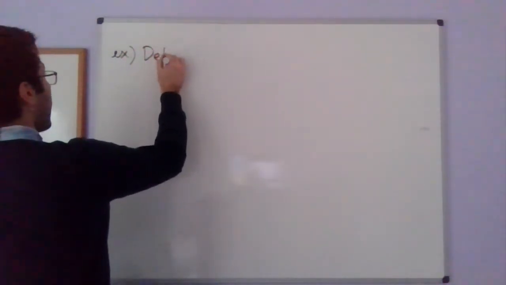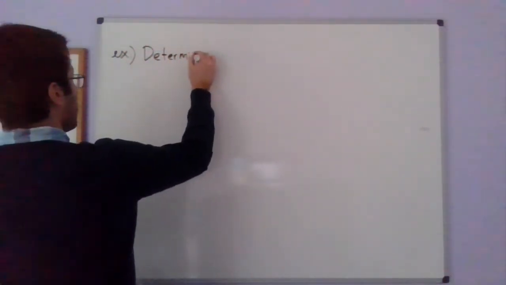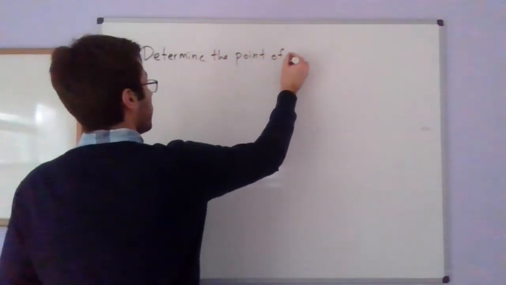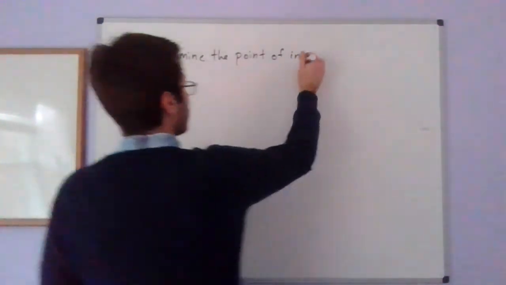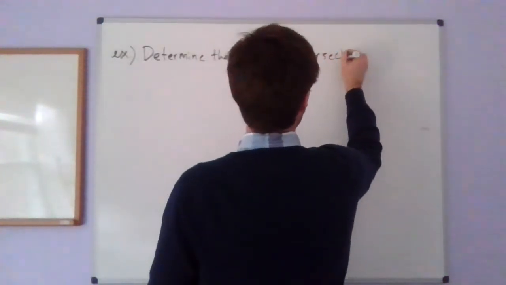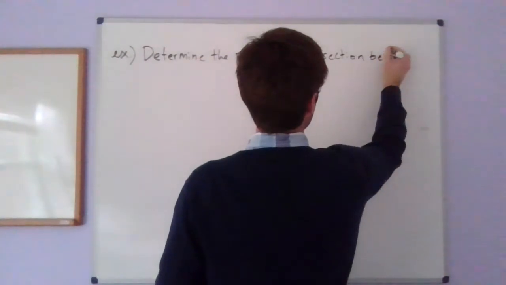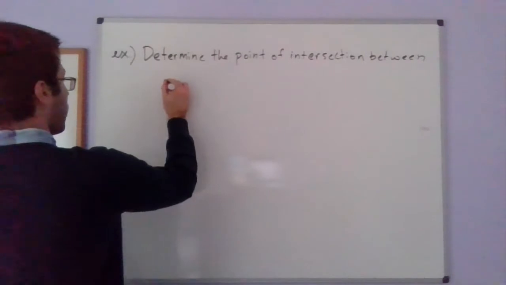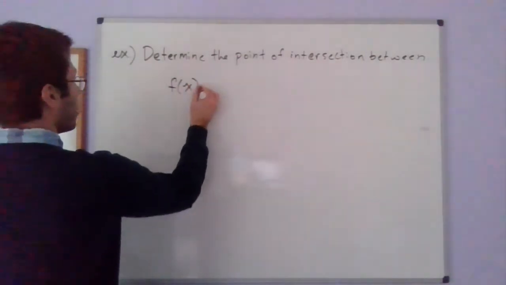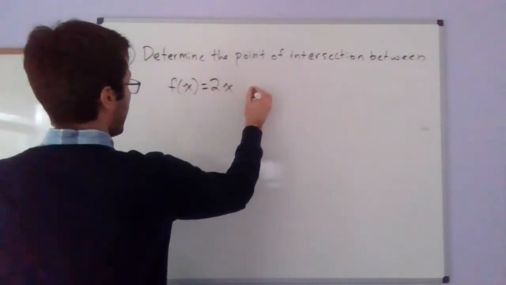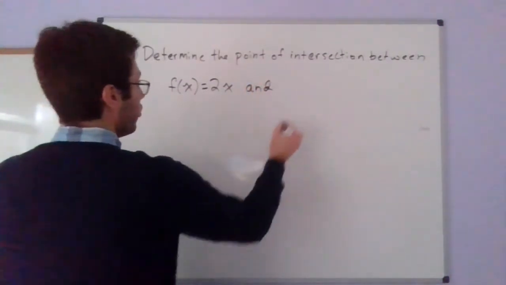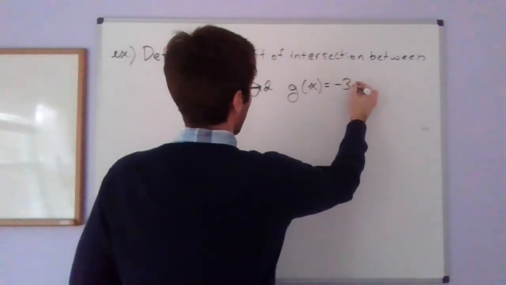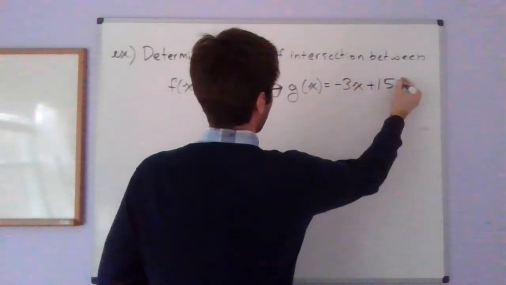Let's say that we were asked to determine the point of intersection between, and let's just keep the functions the same for this example, f of x equals 2x and g of x is equal to minus 3x plus 15.